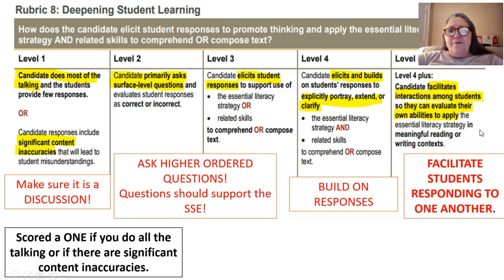Remember what we're after is getting the students to be able to use these strategies independently and really without even thinking. So our ultimate goal is that they're using the strategies without really thinking, oh, I remember that strategy, and using it that way. So it just becomes second nature. So how can you get them talking about that and evaluating their own abilities to apply?